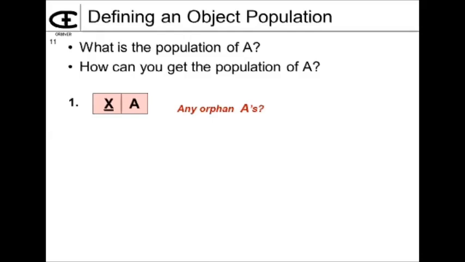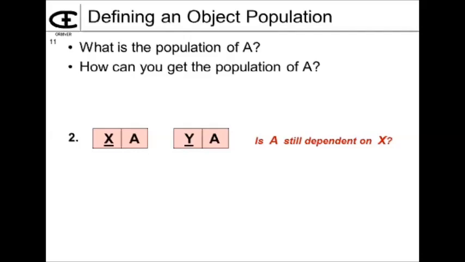At least it's all in one place, right? If that's all I have, then I know all the A's that I have are in X, because there can't be any orphans. Now, if A can be an attribute of both X and Y, is A still dependent upon X?